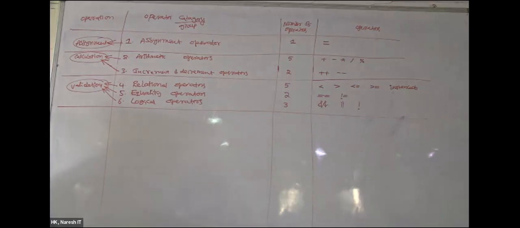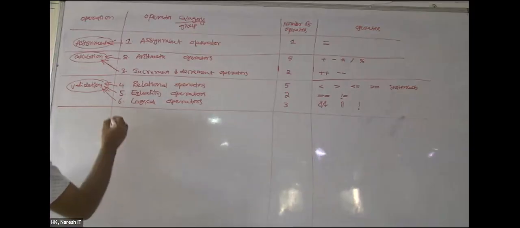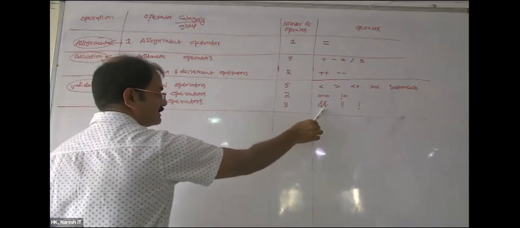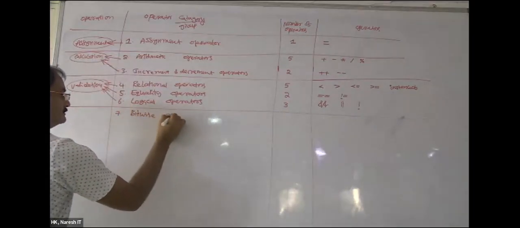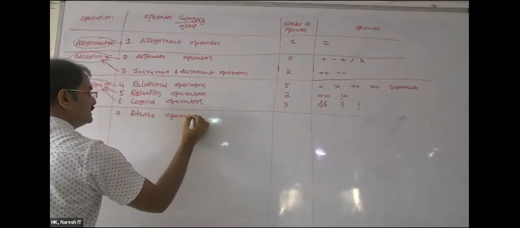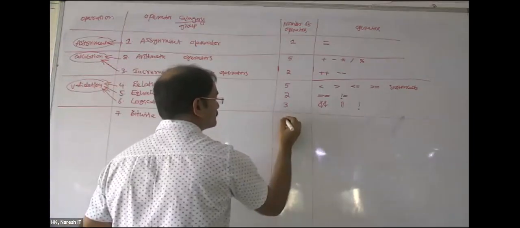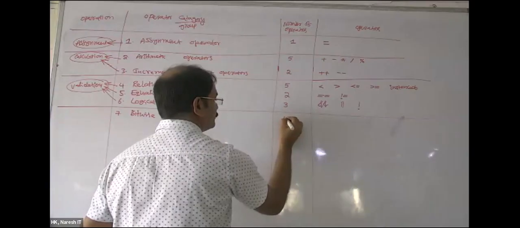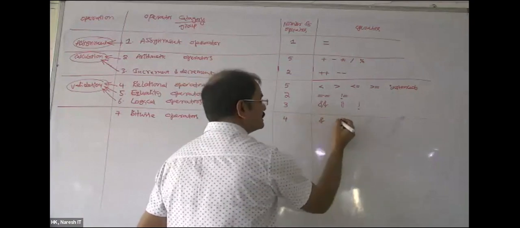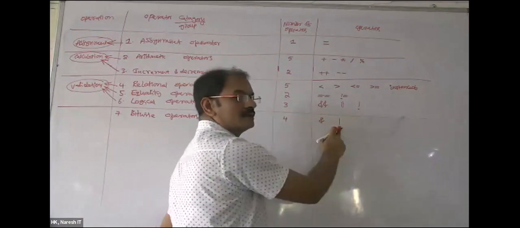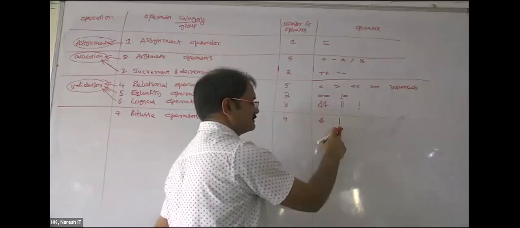What next? Logical operator, continuation. Logical operator: double and, single and. Single and is called what? Bitwise. Bitwise operators. How many are there? 4. And listen, this single or is called inclusive or.